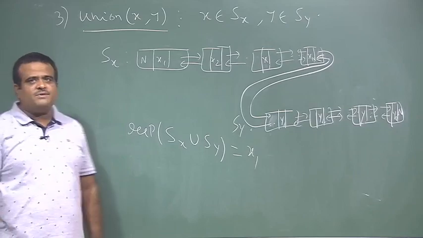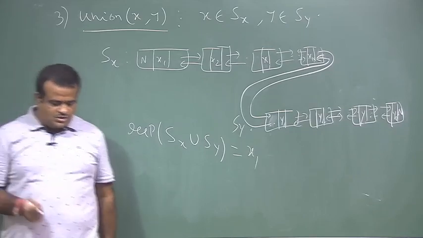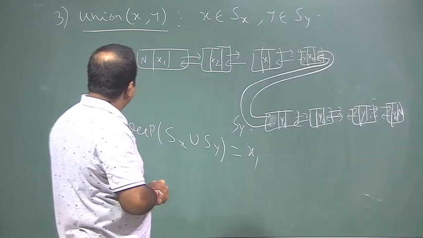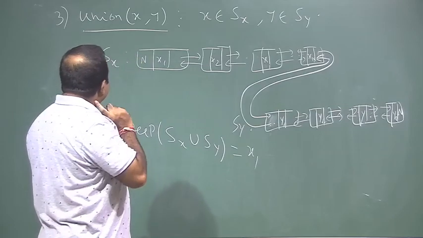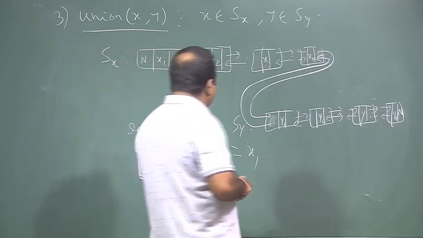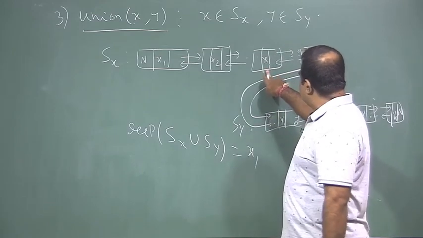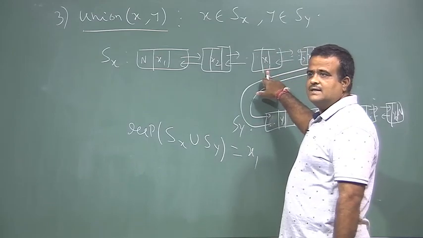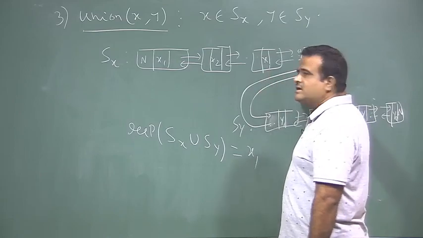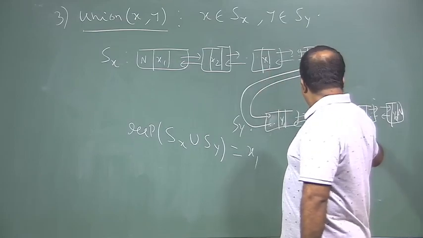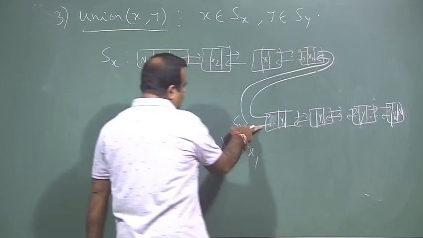So, now how much time it is taking to do this union? Now, the time taking to do this union is basically, because we know the position of this S x, but we need to reach to the end of this. Again we know the position of y, we need to go to the beginning of this.